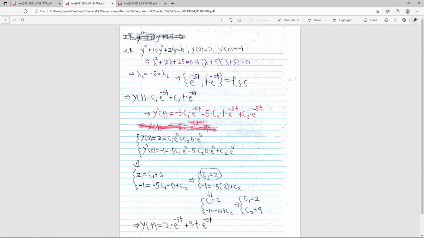First I took the derivative of e to the negative 5t, and t stays constant for that one. So negative 5 times c2 times t times e to the negative 5t. Then we add c2 times e to the negative 5t just alone, because the derivative of t is 1, so 1 times e to the negative 5t times c2.